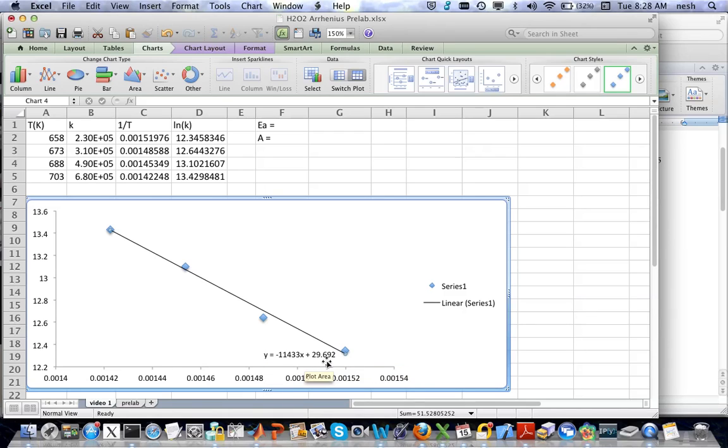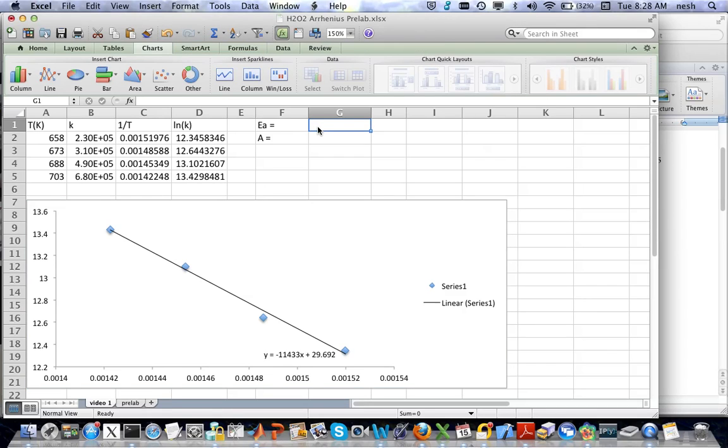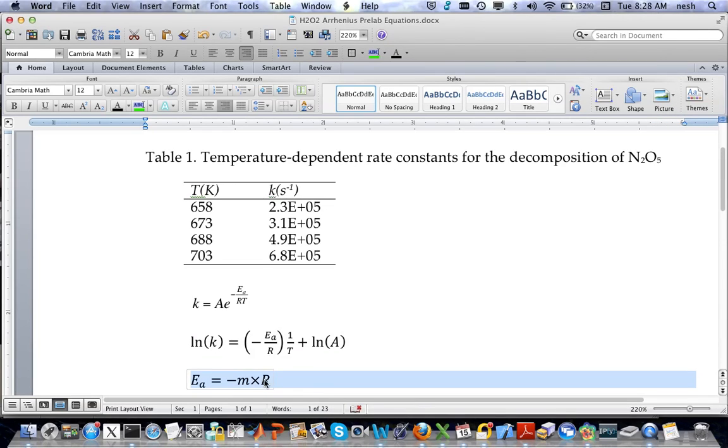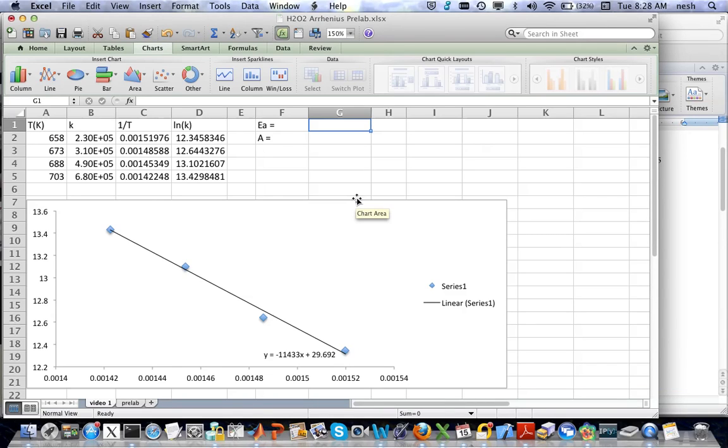M is minus 11,433. So the last step here is I want to calculate the energy of activation based on that equation right there. So the minus signs cancel. I just need to multiply by R, and it's convenient here to use the gas constant in kilojoules per mole.